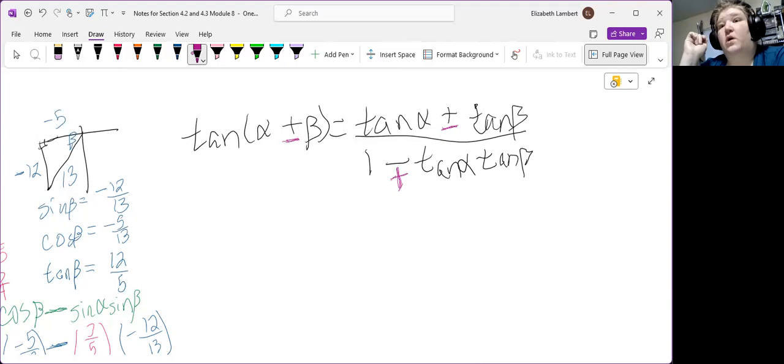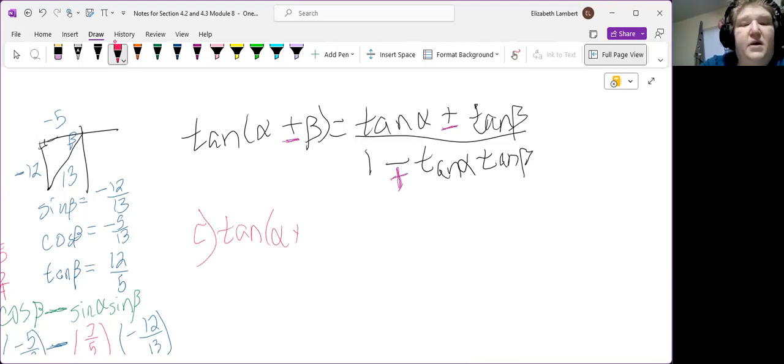There's the formula for a tangent of alpha minus beta. It's the same format, we just changed the signs. All right, so let's go ahead with C now, which was tangent of alpha plus beta.